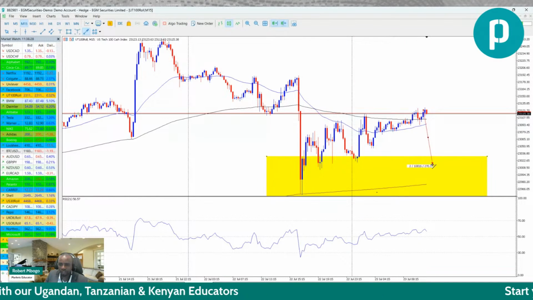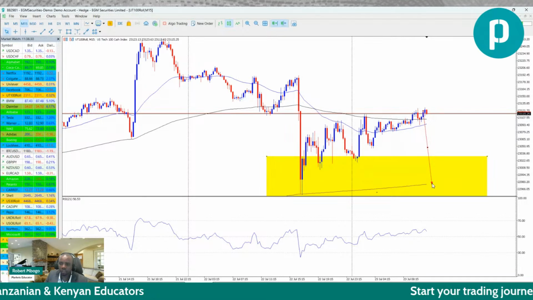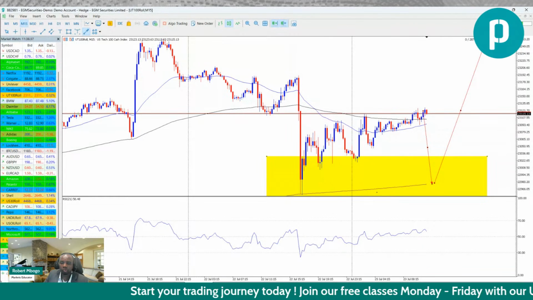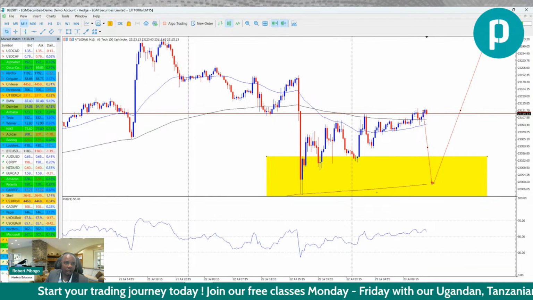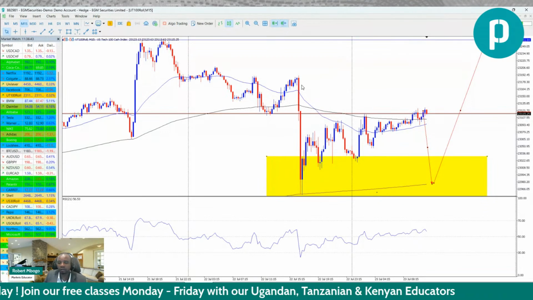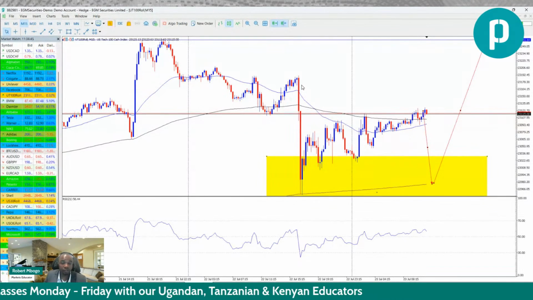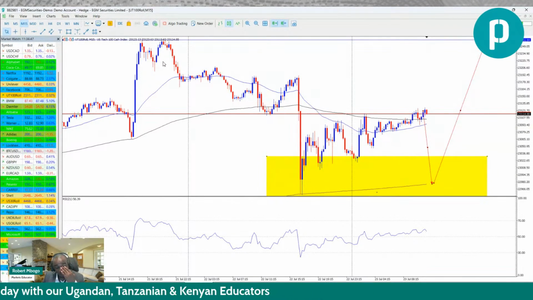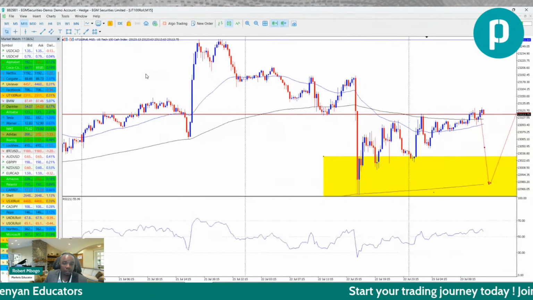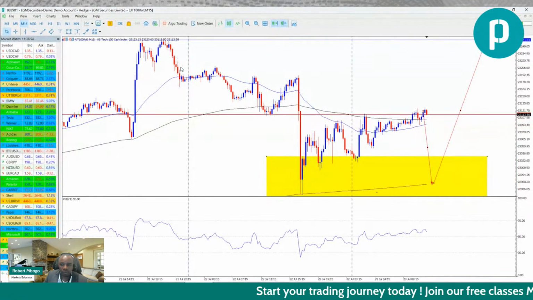So I'll be interested in that bearish push to the moving average before considering a bullish move to Monday's high, the weekly high. For those who've attended our mentorship class, we know this is what you call the weekly high, the highest price in the week. So this was the highest price on Monday.